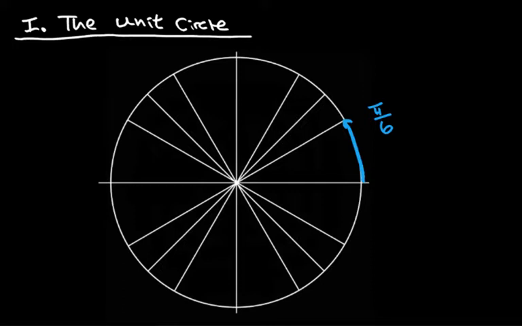If you were to take this and literally move it on here, then you can see that we have another angle here. So if we did that, what do we have? We actually have pi over 6 two times. So this is 2 pi over 6, otherwise known as pi over 3.